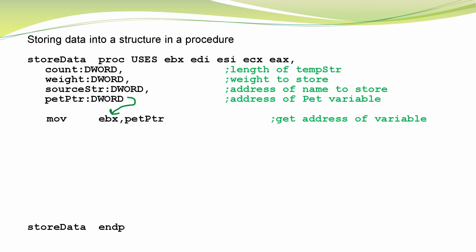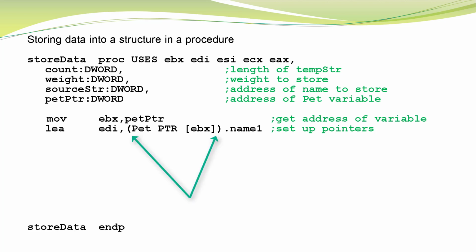I have to let the assembler know which field EBX is pointing to, and here's how I do it. Pay particular attention to the form I have to use to accomplish that. The parentheses have to be there to override the order of operations that would occur if I just use the dot operator by itself. If your program's not working right, here's the first place to look.